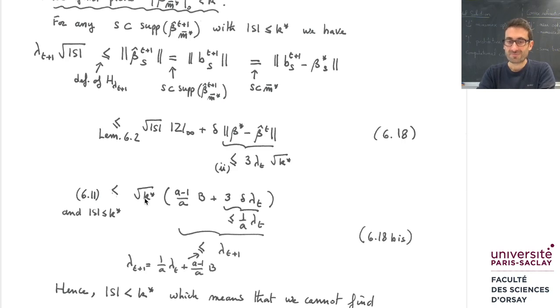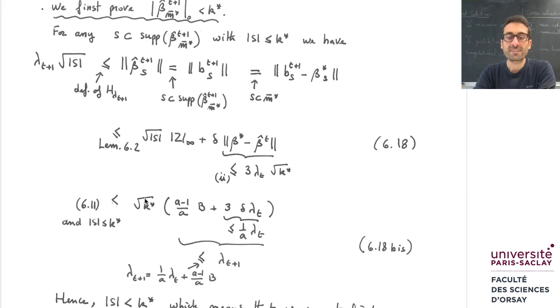So what have we shown? We have shown that for any S which is in the support of beta at t plus 1 but outside of the support of beta star, which has a cardinality smaller than k star, then it must have a cardinality which is strictly smaller than k star. It means that we cannot find a set S in the support of beta at t plus 1 outside the support of beta star which has a cardinality equal to k star.